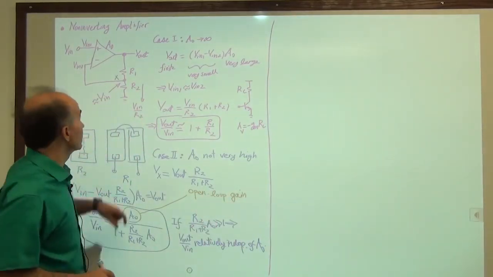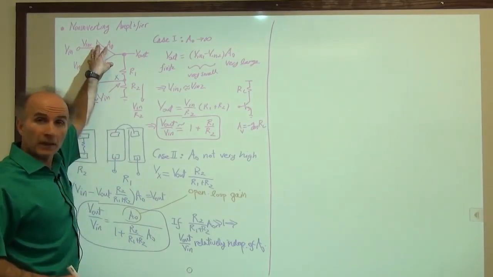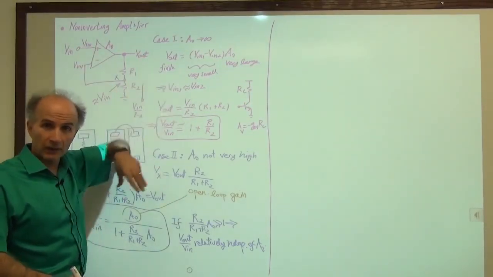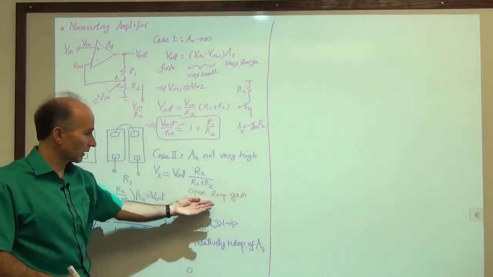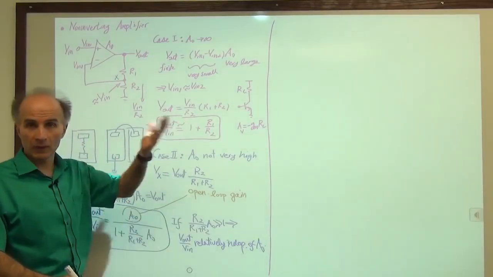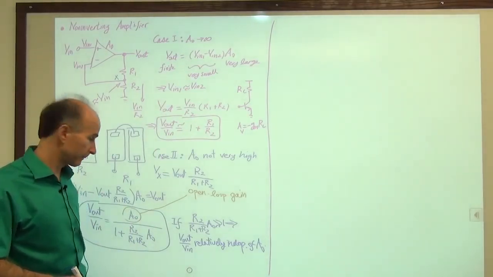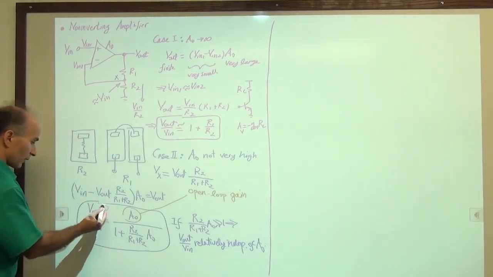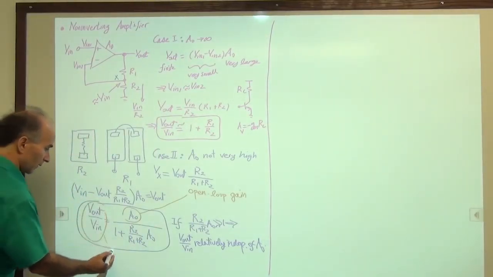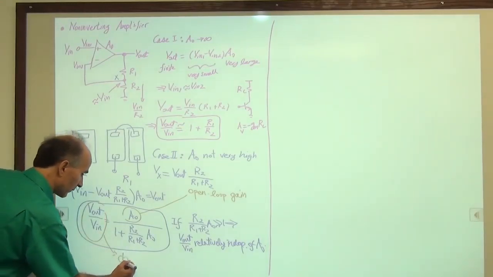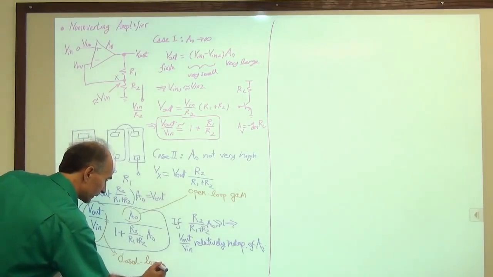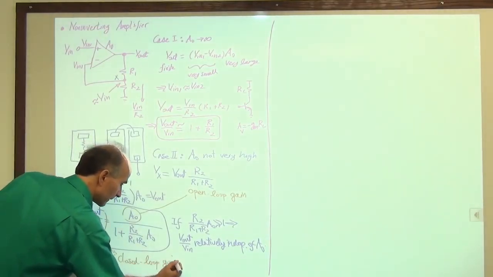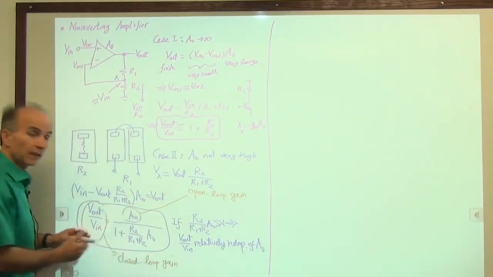Open loop gain means when this op-amp is by itself, not connected to anything else, you just bought it from an electronic store, it has a certain gain, like 741 has a gain of 100,000. And then this overall gain is called the closed loop gain, meaning this whole expression here.